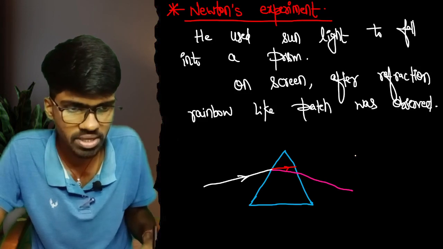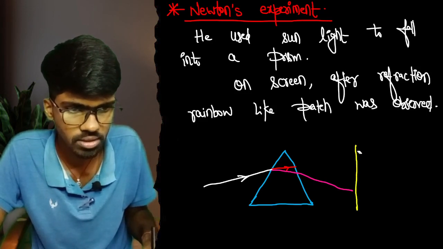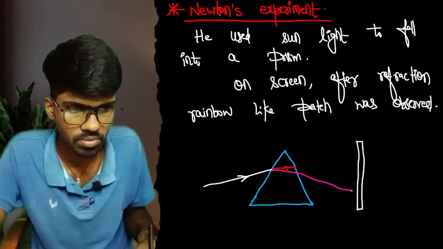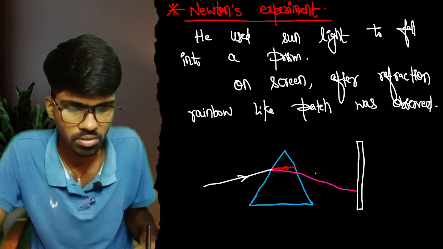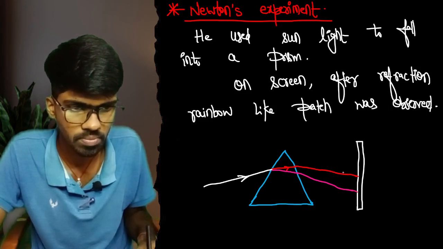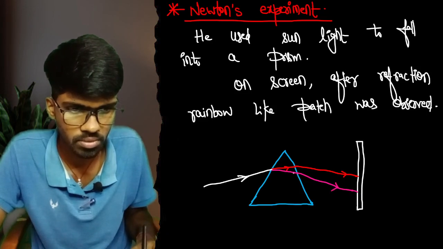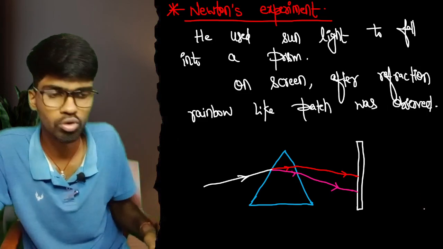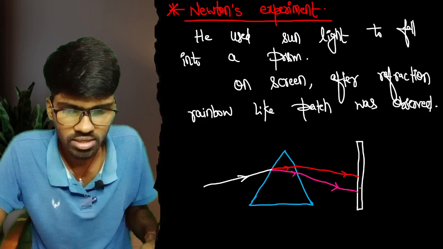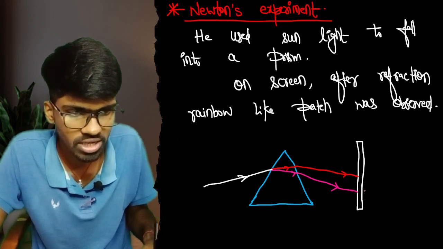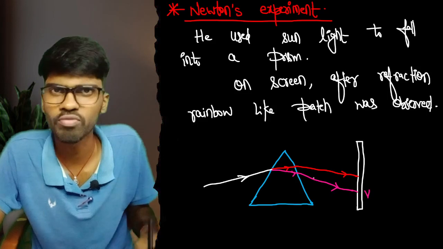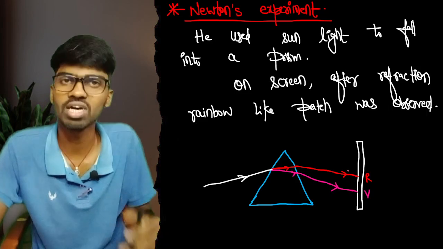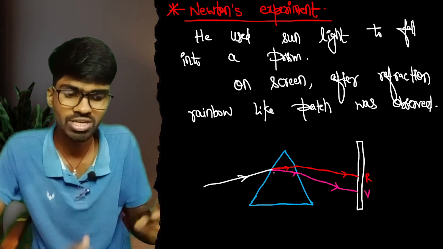When he saw its image on a screen, he saw a band over here, a band which looks like a rainbow. So that was actually the spectrum. Here is VIBGYOR, all the colors you have already seen. This one is red, and in between were all the colors of VIBGYOR. So this is what he saw.